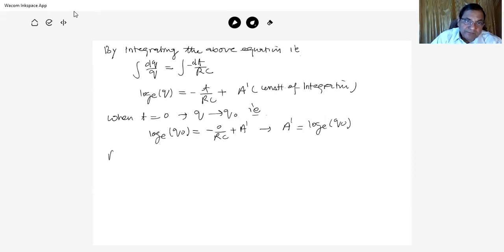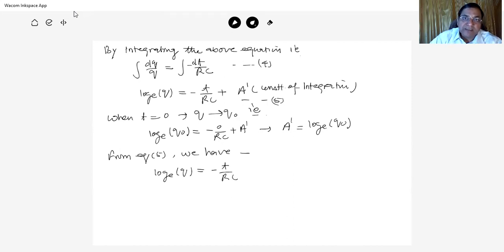So from equation 5, we have log base e q is equal to minus t upon RC plus log base e Q0.